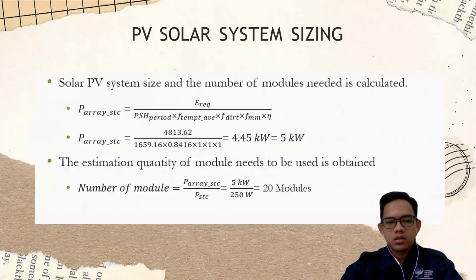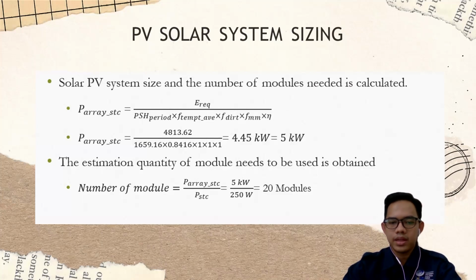The PV array STC that we get after we calculate is around 4.45 kilowatt, and we round off to 5 kilowatt. The estimated quantity of modules needed is obtained by the formula number of modules equals PV array STC divided by PSTC, and we get around 20 modules.